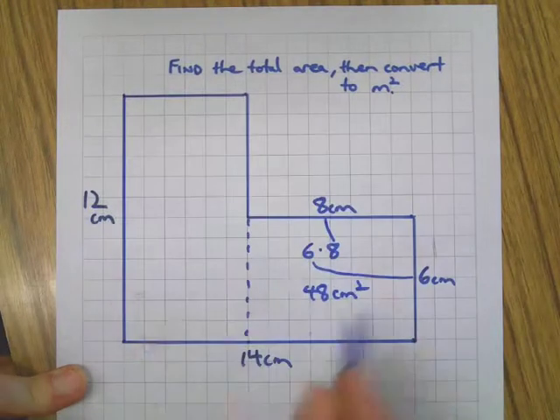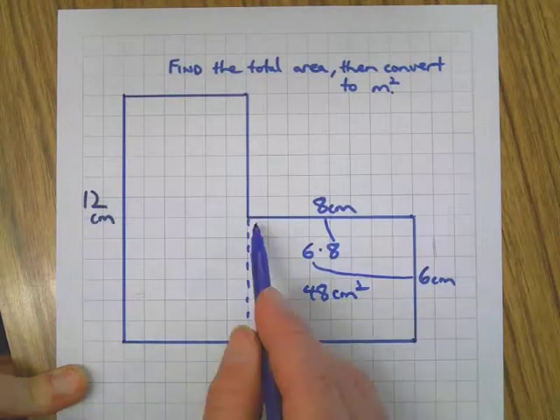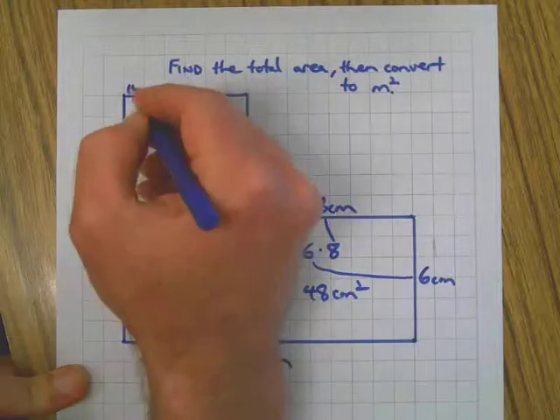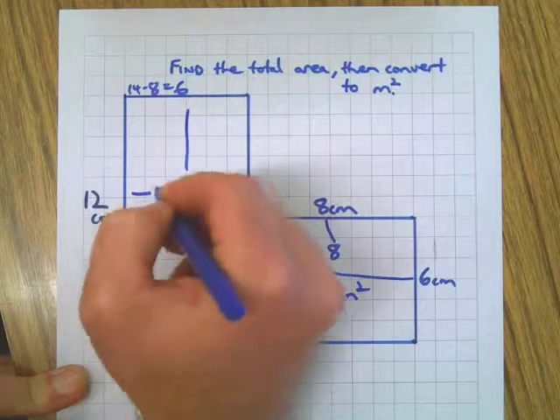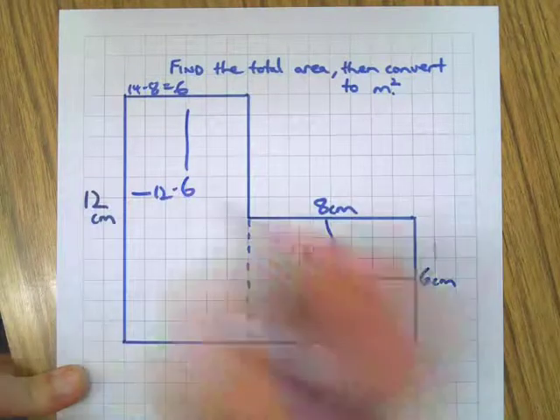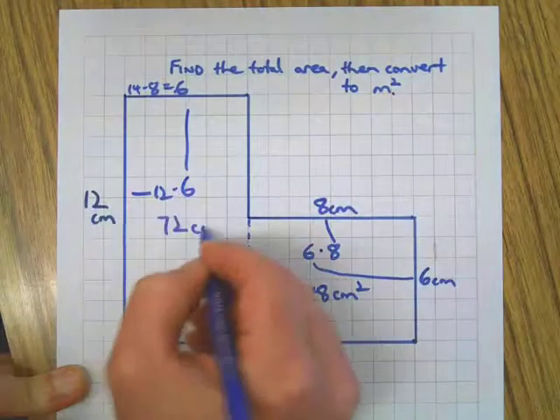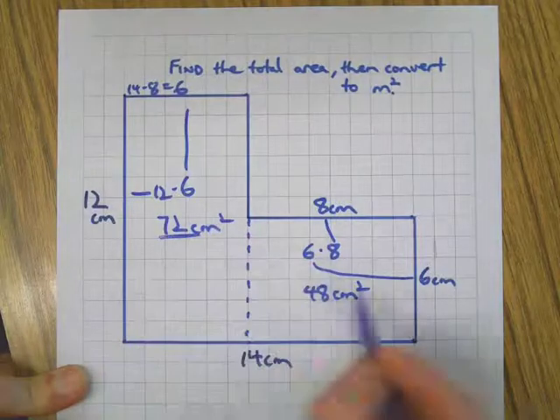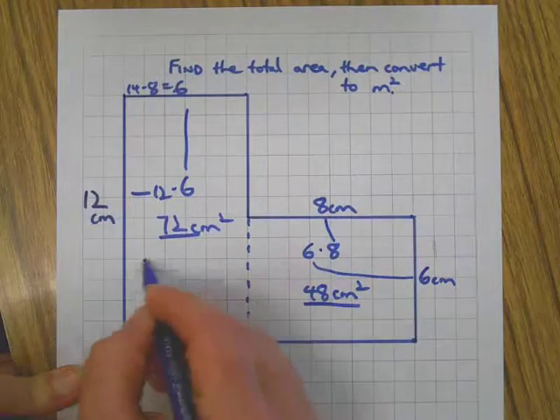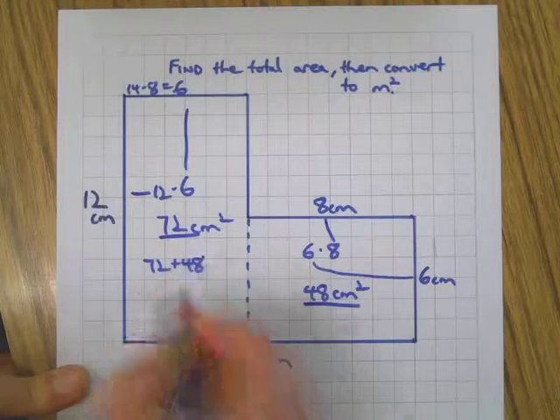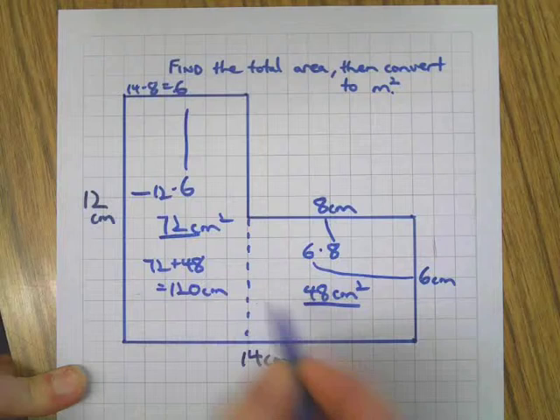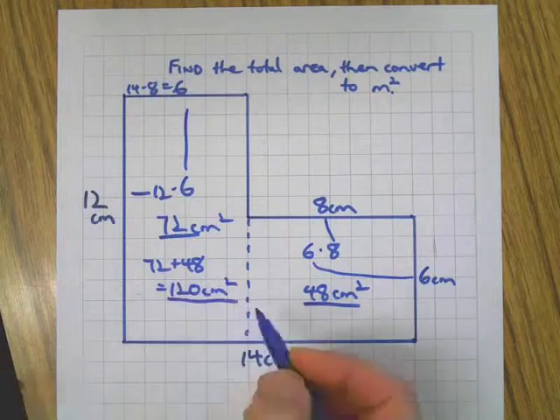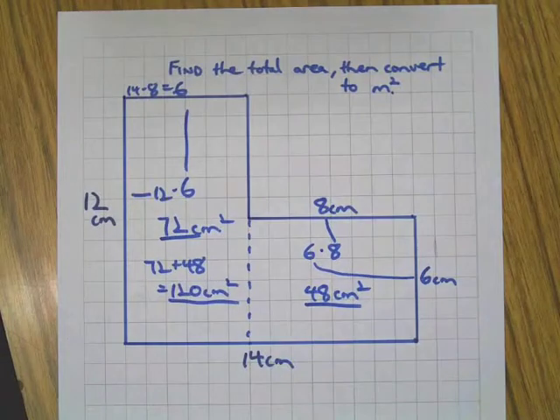And since this whole thing is 14, and this is 8, this is 14 minus 8, which is 6. So this will be 12 times 6, the 2 dimensions. Those are my subproblems. I'm going to add those together. And hopefully you follow me on that. So there's our total area.